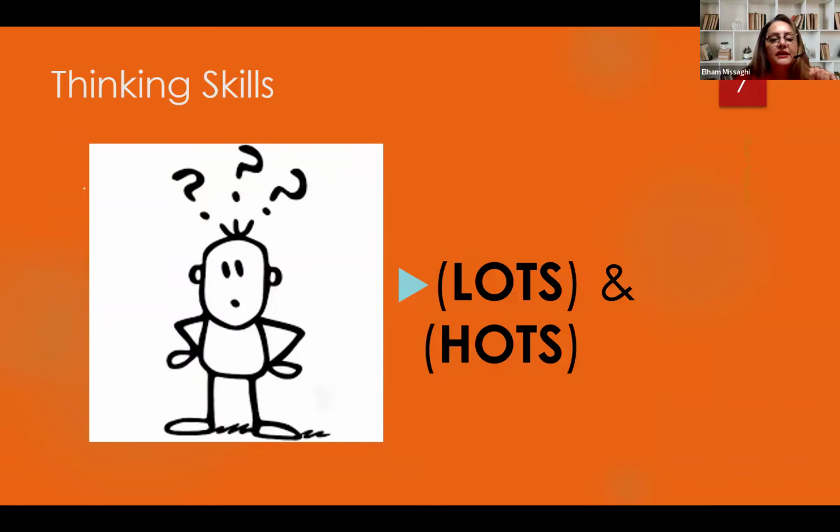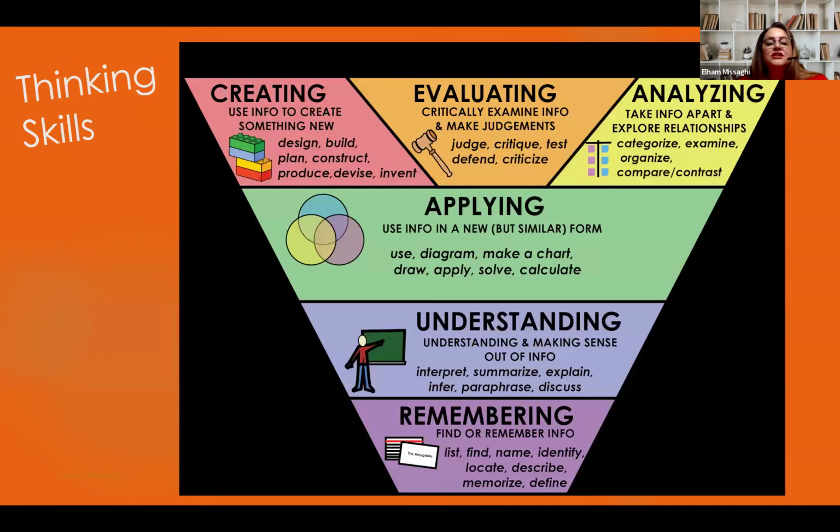There are two ways of thinking skills, LOTS and HOTS. Any ideas? So LOTS stands for low order thinking skills, which means remembering, understanding, and applying.